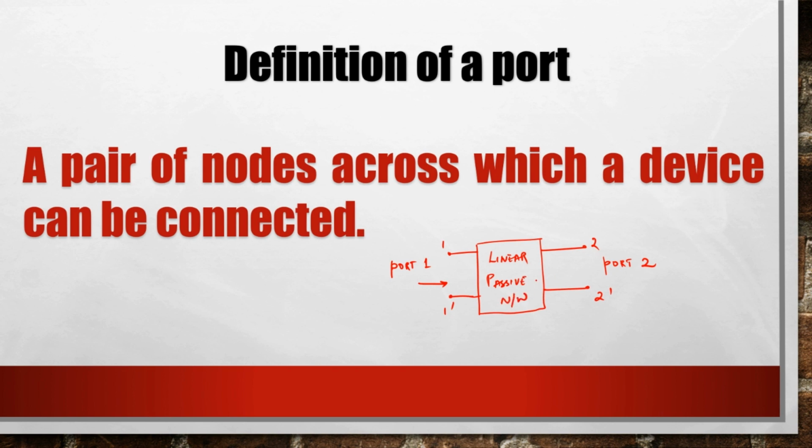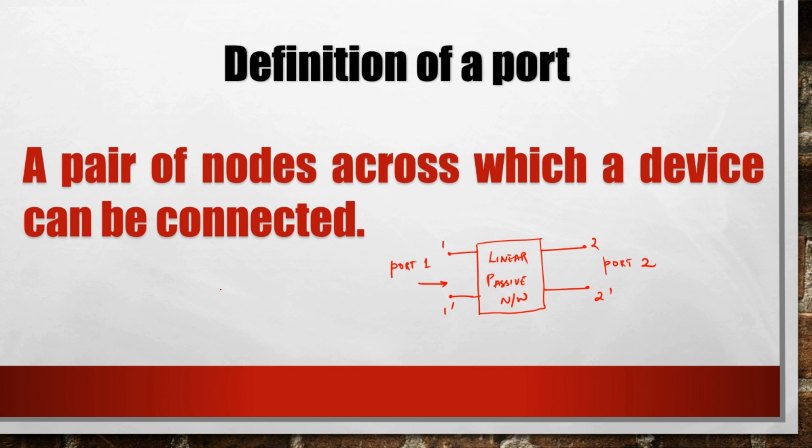So the first thing that we need to note here is, if we have a single port linear active network, which we have been discussing all this while, then there are different methods to analyze them. For example, we can simplify them and represent single port linear networks using the Thevenin's equivalent circuit or the Norton's equivalent circuit.